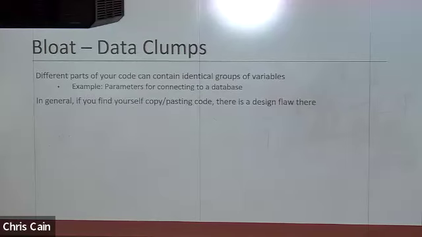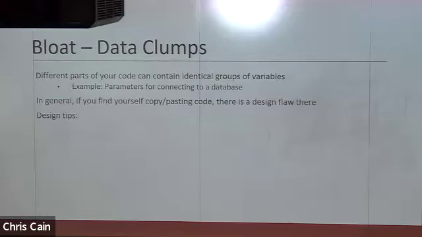This might lead you to copy and paste a lot of code. In a bunch of different places in your code, you're trying to connect to a database, so you need to pull the associated information from one central place. But there are a bunch of different places where you may want to connect to that database, which means that you're always pulling the same information from the same places in the same way in different places in your code.